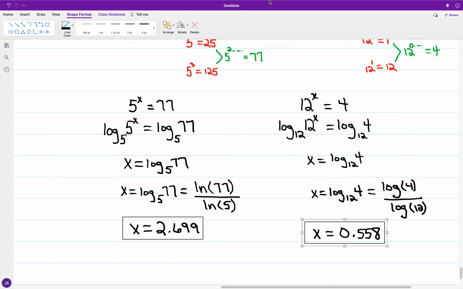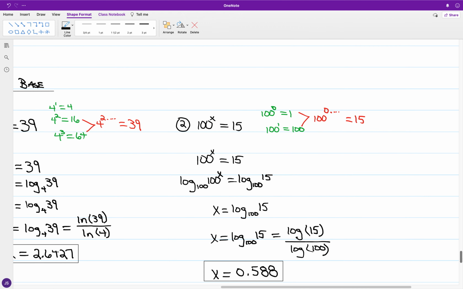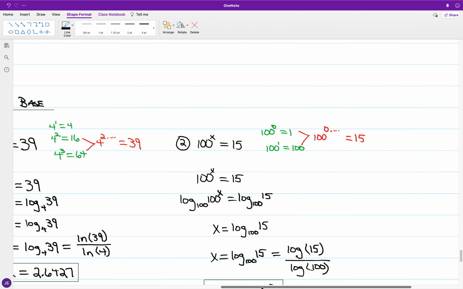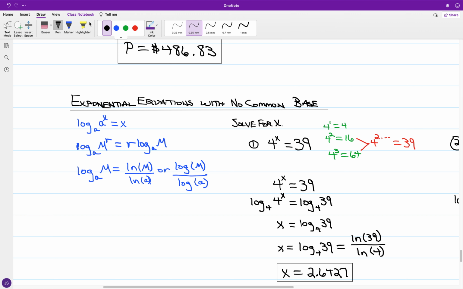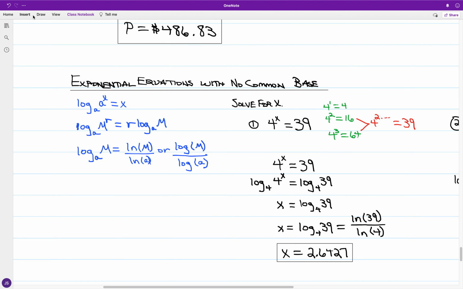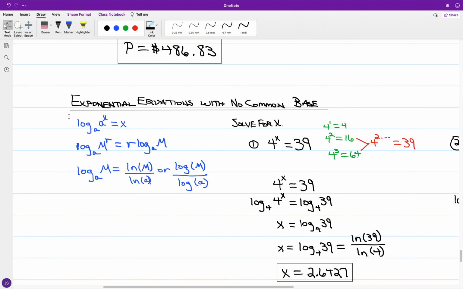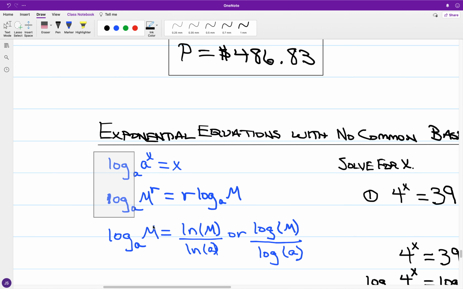Okay, and if you notice, so far we have had the exponent or the power on one side of the equation. Now, if you happen to have the exponent on both sides, I'll give you a case here, and I'm going to refer back to, once again, these formulas.